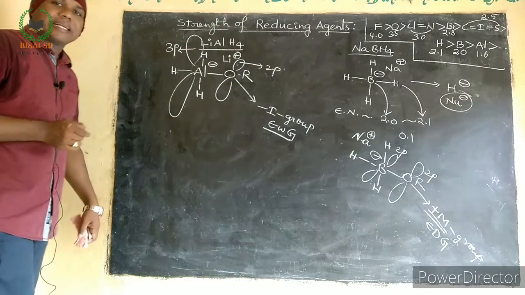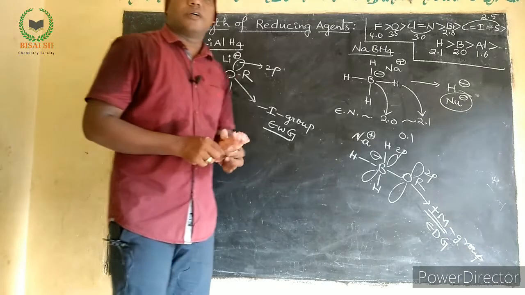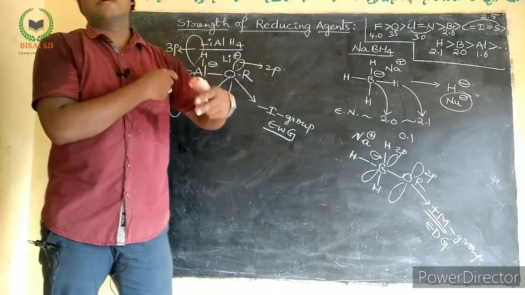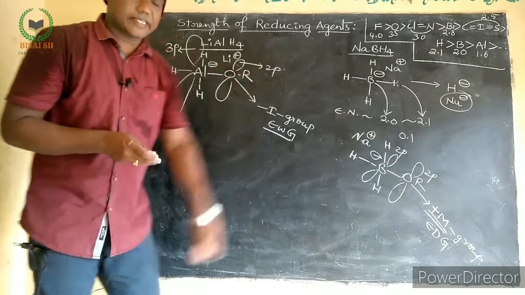Now, the reducing strength of lithium aluminum hydride decreases as the number of alkoxy groups increases.